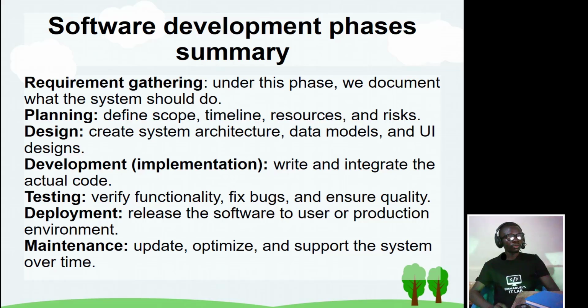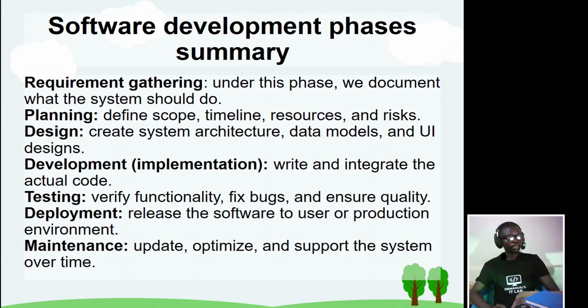Here, you can simply create system architecture, data models, and UI interface. The interface is what the users interact with. So you can simply design this interface on paper before you go ahead to implement it in the code.